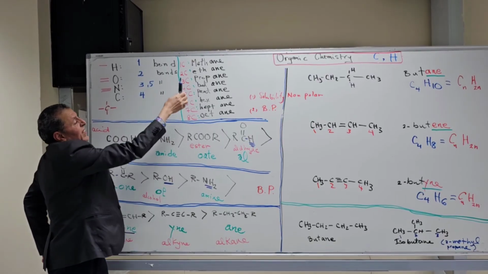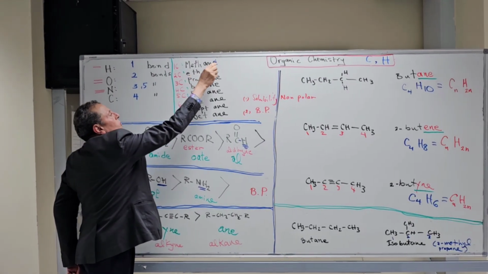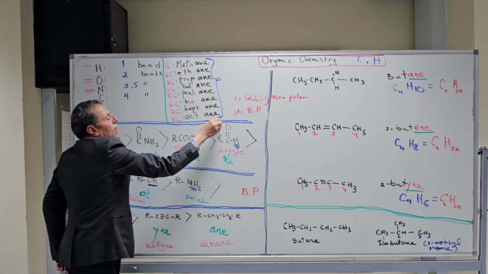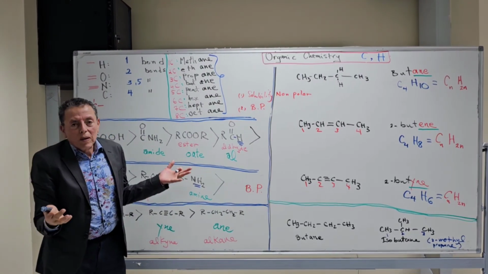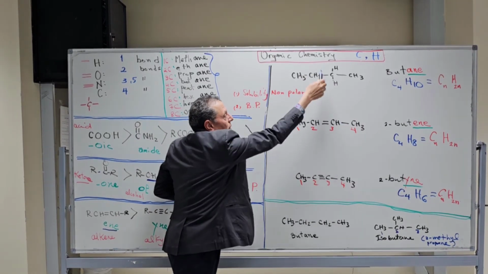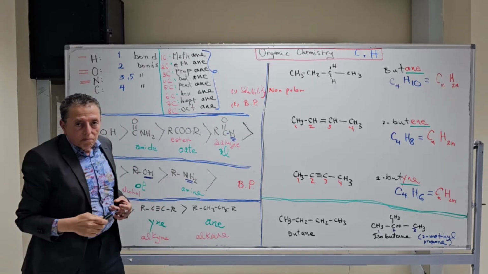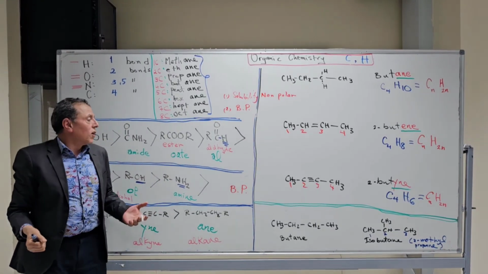When there is no oxygen or nitrogen or sulfur, the compounds are all non-polar, because they don't contain any oxygen or sulfur, and this affects the solubility. It also affects the boiling point.